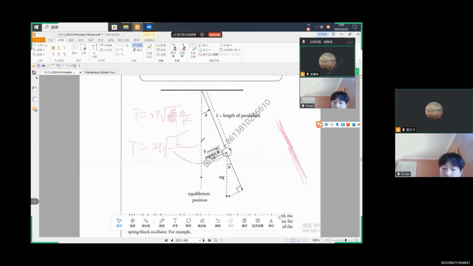And on the other hand, we don't think about the spring constant anymore. What we think about is g, the acceleration, which is g here. They look similar, right? And the reason it's g is because if we have the same length of pendulum and do it on Mars or on the moon, it's different.